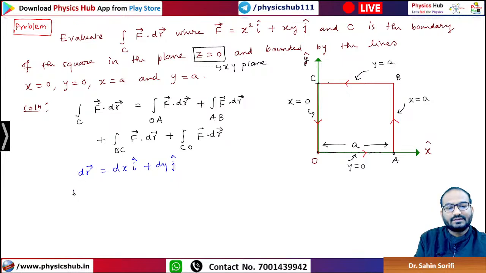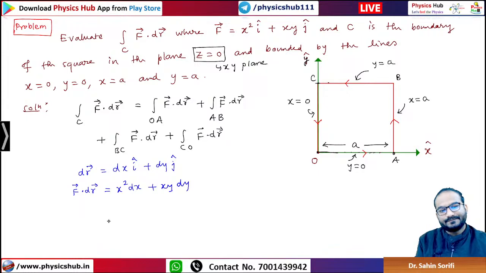Then f dot dr will be, taking the dot product, x square dx plus xy dy. Now let us calculate the line integral along each path. First of all, we will consider the line integral on OA.